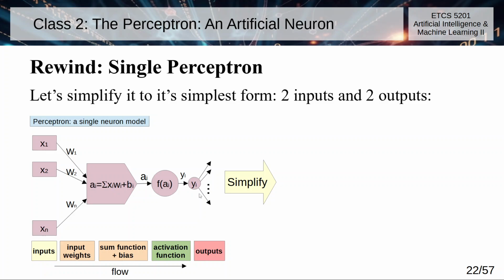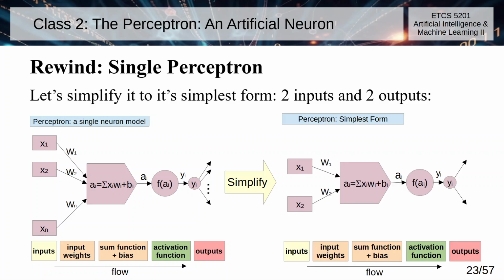Now, in the simplest form, we could get rid of a lot of those inputs and boil it down to, let's just say, 2 inputs. We'll call them x1 and x2, which gives us then 2 weights, w1 and w2. And then we're going to multiply these together, add those together, add the bias, and feed that into our activation function.